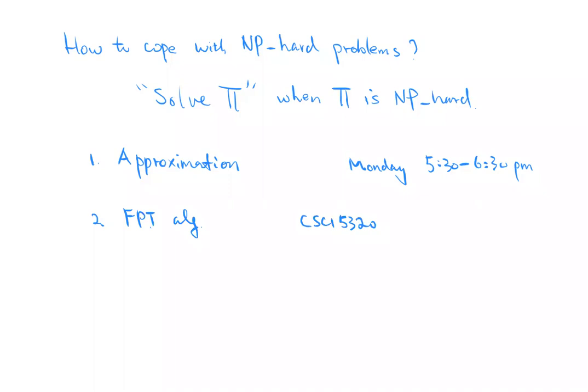It's also worth at least one course to talk about this. So that's the reason we cannot talk too much about approximation algorithms and FPT algorithms, because they cover a lot of things. And the third one is special cases.